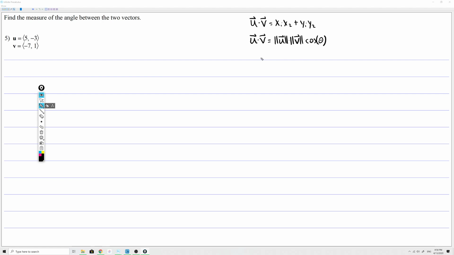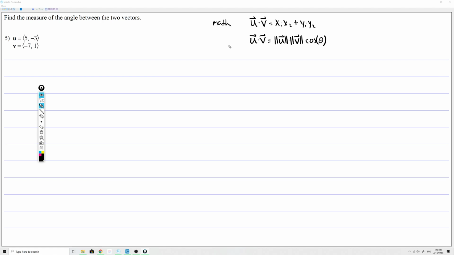So obviously, in the setup of this problem, we don't know anything about the angle between the two vectors, and in fact that's what we're asked to find. We have to find the measure of the angle between the two vectors. Now, long story short, and this isn't 100% true, but it's good enough: this first form of the dot product is mathematically really convenient.